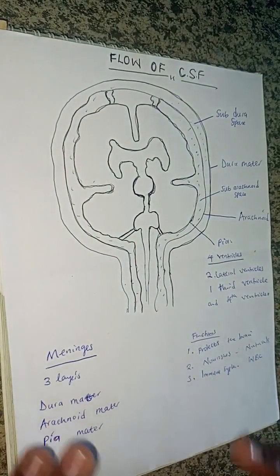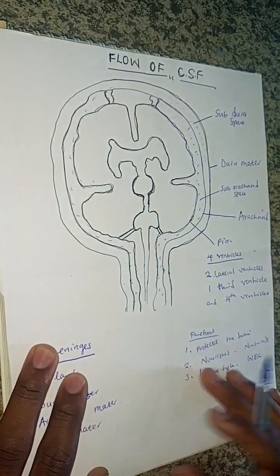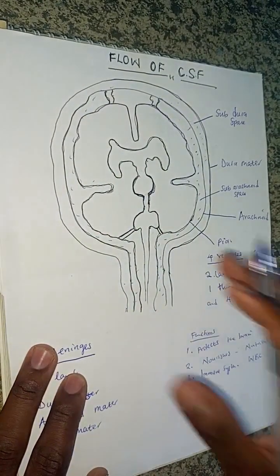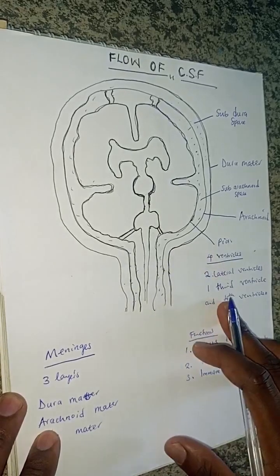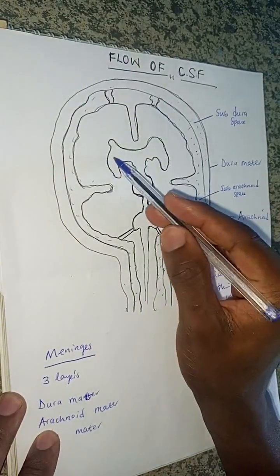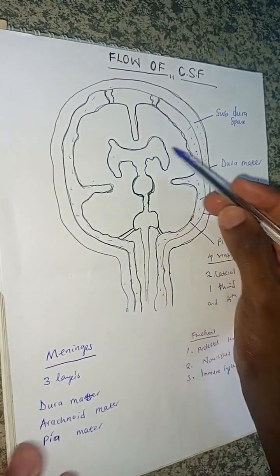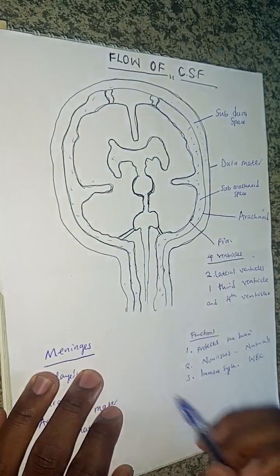So where is this cerebrospinal fluid produced? Before we talk about where it is produced, first of all, I'm going to show you the 4 ventricles that we've already listed here. These are the lateral ventricles. This is the left lateral ventricle, and this is the right lateral ventricle.